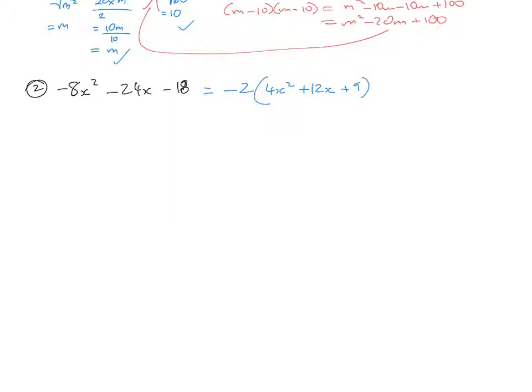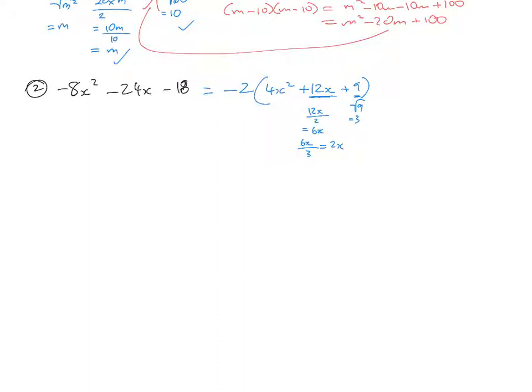Now you'll notice that we have three terms, and the constant term is a perfect square. The square root of 9 is 3. So let's apply our perfect squares factorization steps. Divide the term with the variable to the first power by 2 and by 3. So 12x divided by 2 is going to be 6x, and then 6x divided by 3 is going to be 2x.